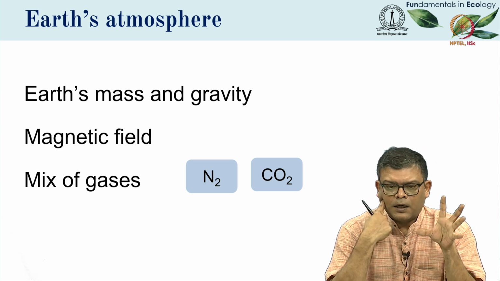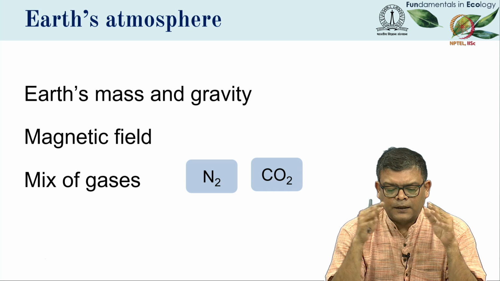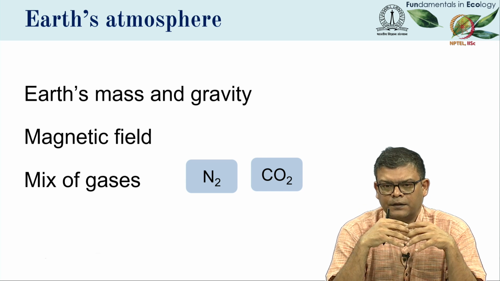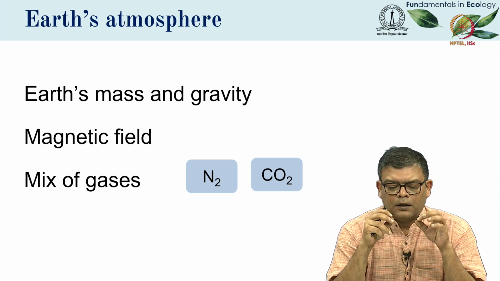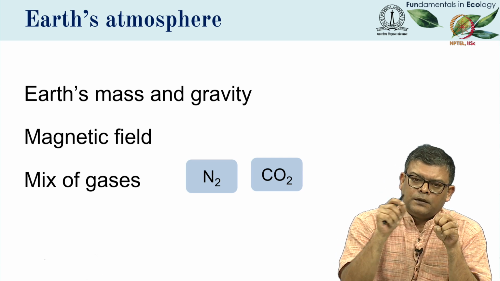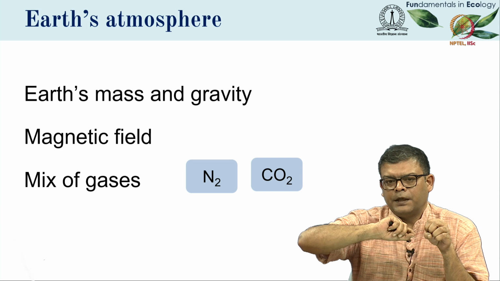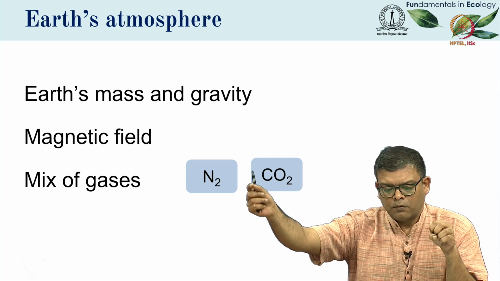Now the Earth's mass is such that it allows it to hold on to these gases through its gravitational attraction forces. So if the Earth's mass was much smaller, then these air molecules would attain their escape velocity and would have been able to jump out and go away.